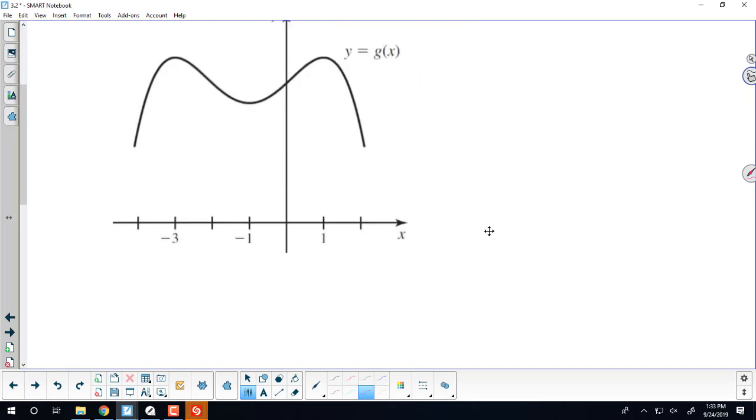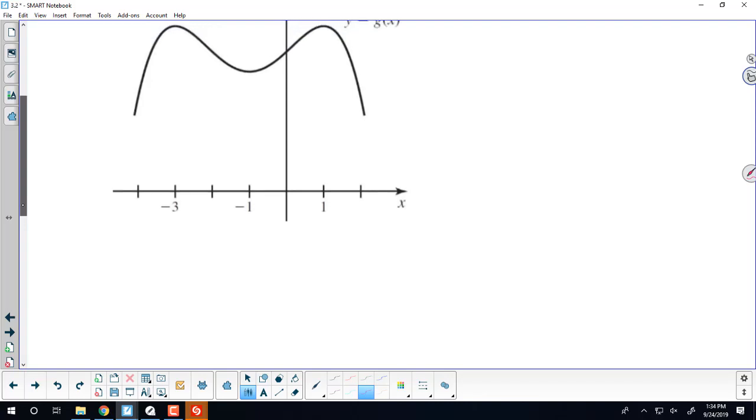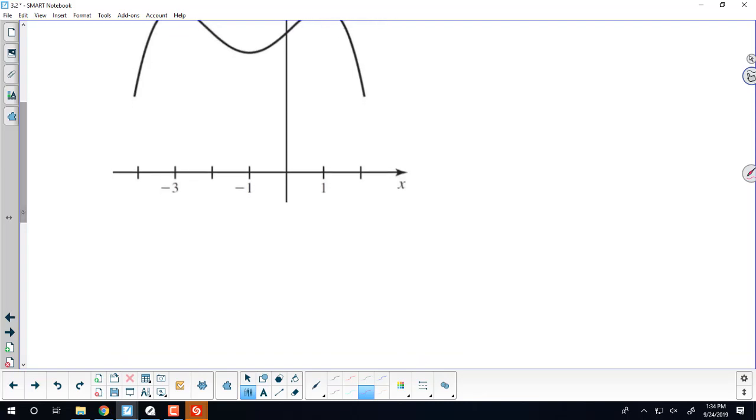All right, so the other ones we have don't actually deal with line segments. So here's the graph of g of x.